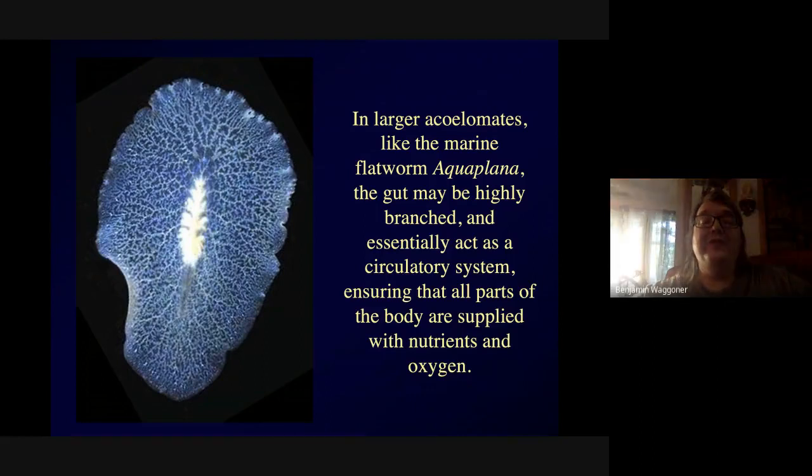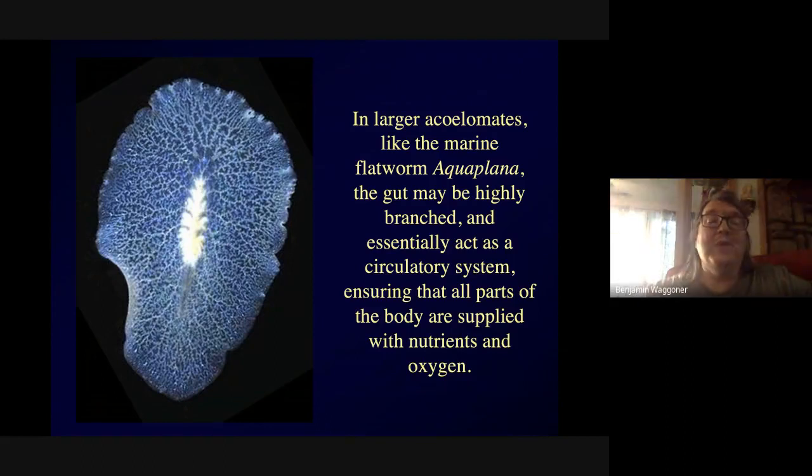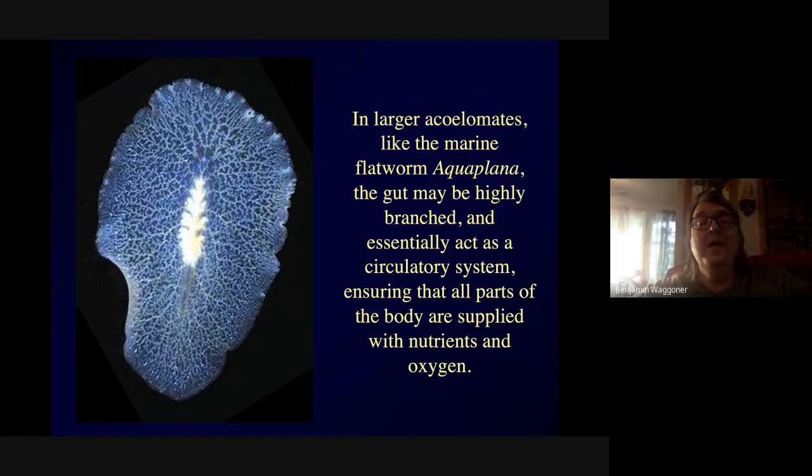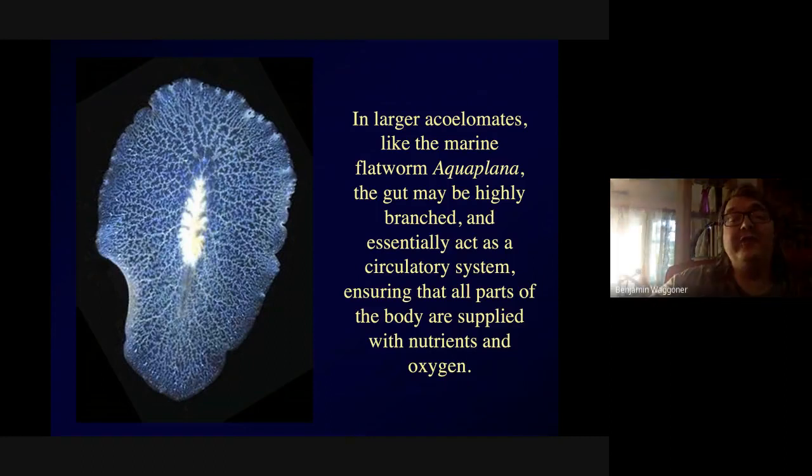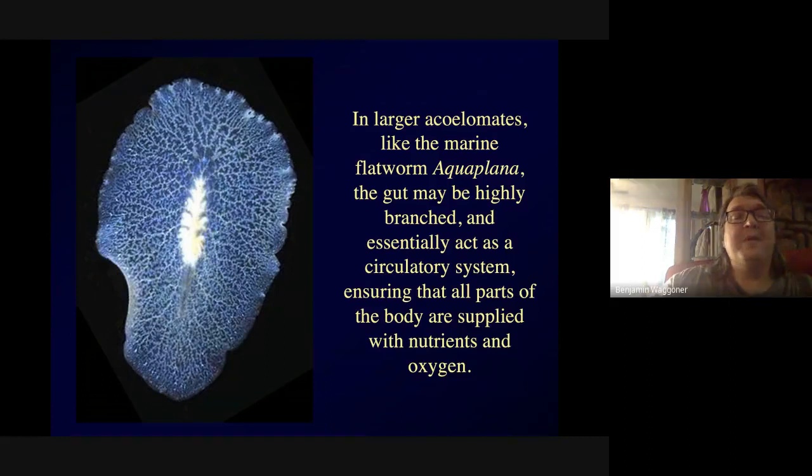And that gut is very highly branched, and you can see smaller, finer, kind of grayish branches, branching and rebranching, almost looking like moss, extending through all parts of the body. Those are branches of the gut. The gut is so highly branched that it can essentially act like a circulatory system. All parts of the body can get nutrients through these gut branches. The worm is probably so thin that all parts of the body can get oxygen just by diffusion.